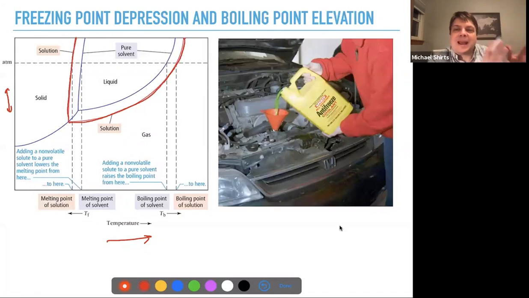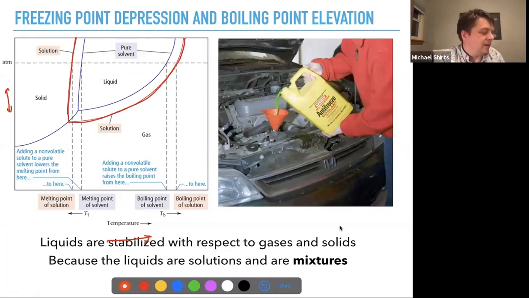You're expanding the region in which the liquid is stable. Basically liquids are stabilized with respect to gas and solids because the liquids are solutions and are mixtures, whereas the vapors and the solids are not. So because of that, mixtures stabilize the liquid solution.